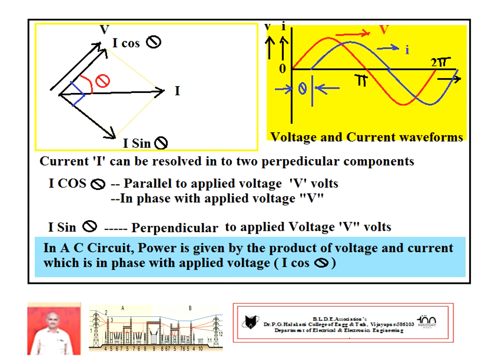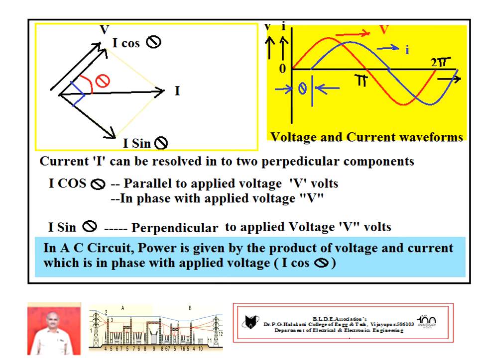One is parallel to the applied voltage, another one is perpendicular to the applied voltage. Parallel to the applied voltage is drawn as I cos theta. It is also referred to as the phase component, in phase with the applied voltage. I sin theta is perpendicular to the applied voltage.